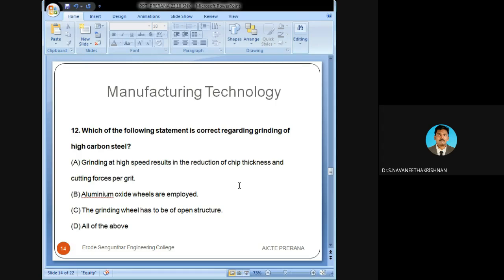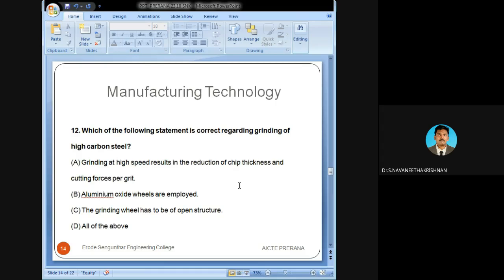The next question is, which of the following statements is correct regarding grinding of high carbon steel? Option A: grinding at high speed results in the reduction of chip thickness and cutting forces per grit.